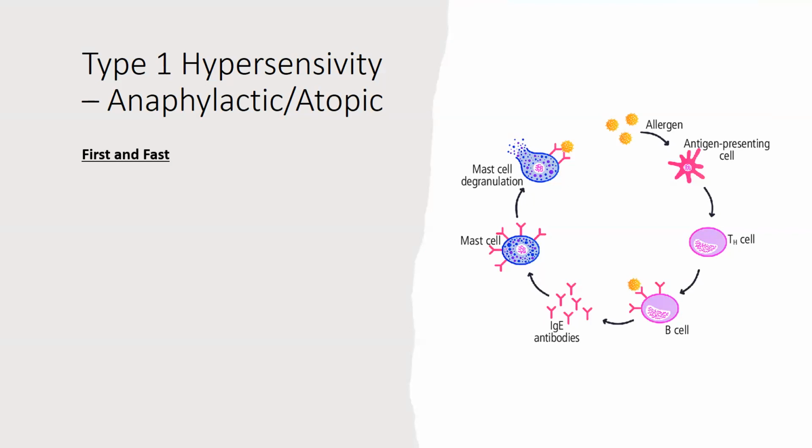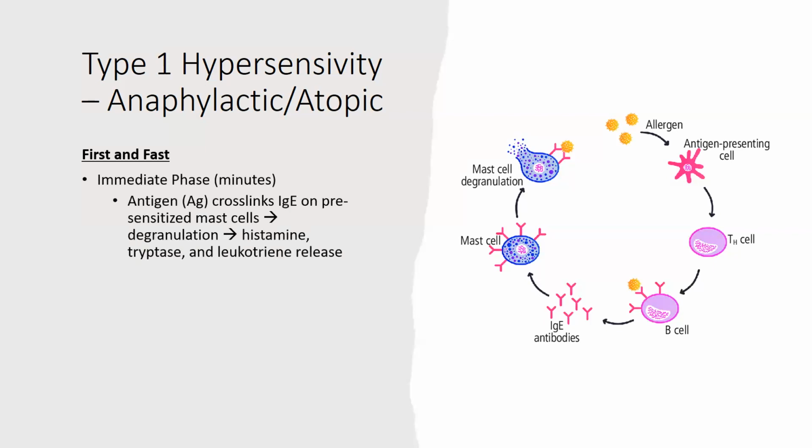So our atopic dermatitis, our asthma, our eczema, that's atopic in nature, our allergic rhinitis. These could be examples of a type 1 hypersensitivity. Anaphylaxis is our classic picture, but it's all utilizing the same mechanism. It's just the severity of the response, right? So this is our first and fast.